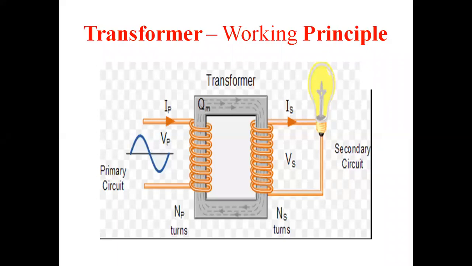The alternating flux induces voltage in the primary side as well as the secondary side. If the load is connected across the secondary, the load current starts flowing. This is an animation of the principle of the transformer.